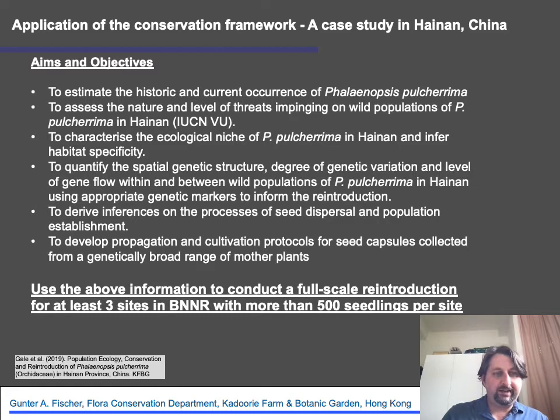After that, we developed a propagation and cultivation program to establish broad genetically diverse seedlings to be reintroduced in different sites. All this information was used to develop a full-scale reintroduction program for at least 3 sites in Bawangling National Nature Reserve, with more than 500 seedlings per site.